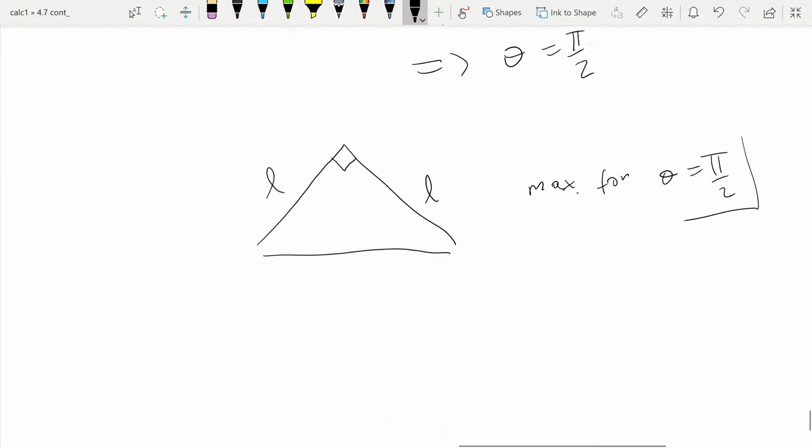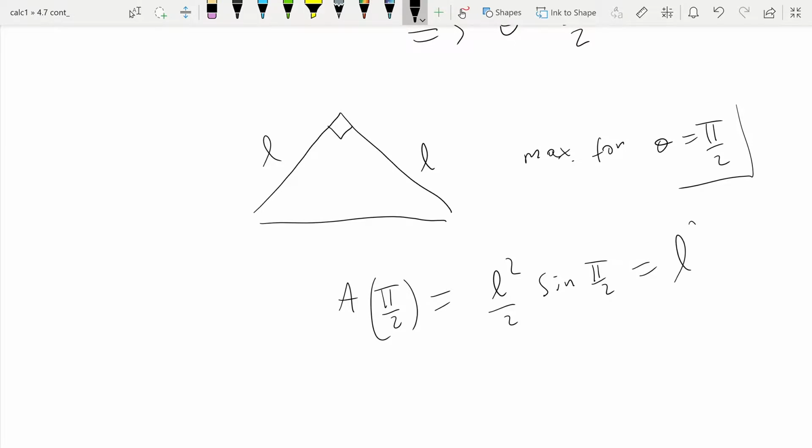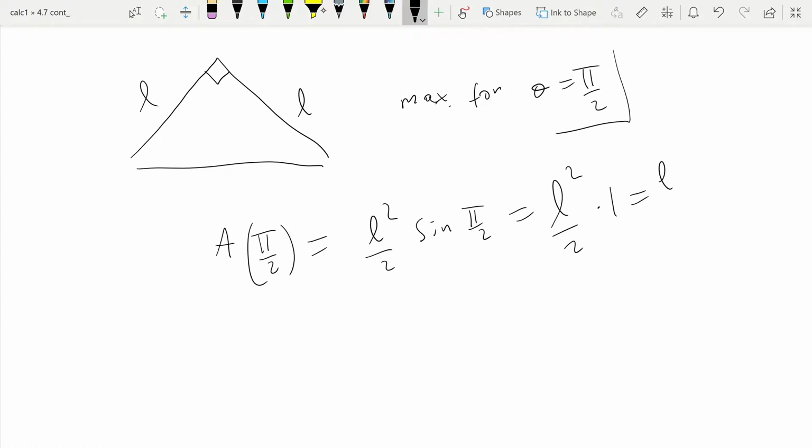And what is the area there? Well, A of pi over 2 is equal to L squared over 2 times the sine of pi over 2, which is L squared over 2 times 1, or L squared over 2.